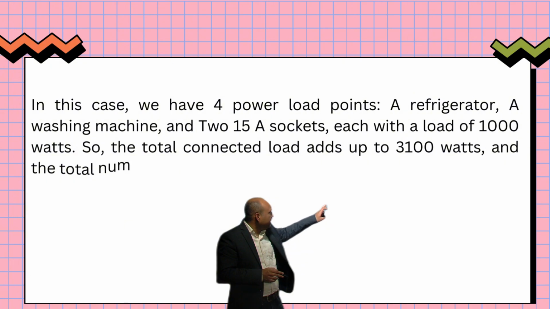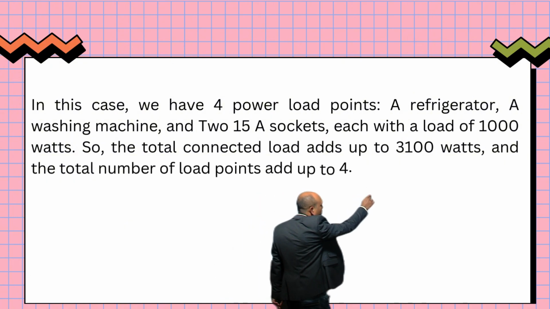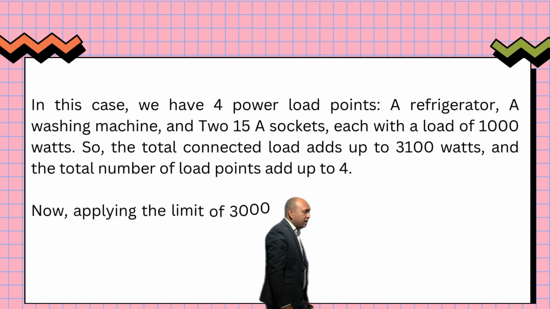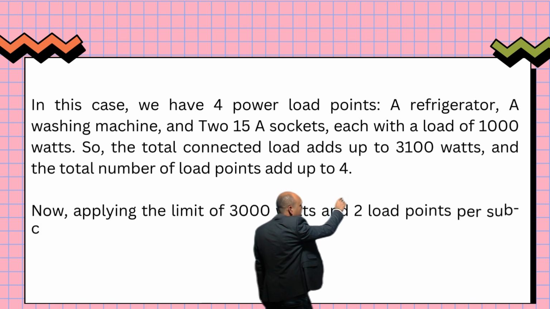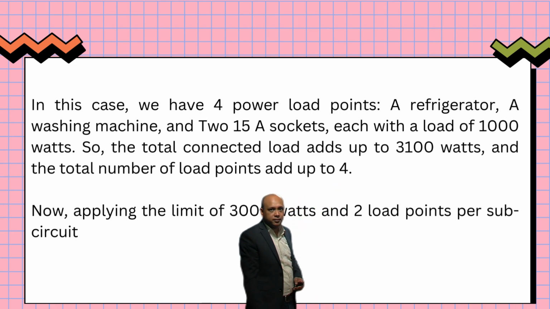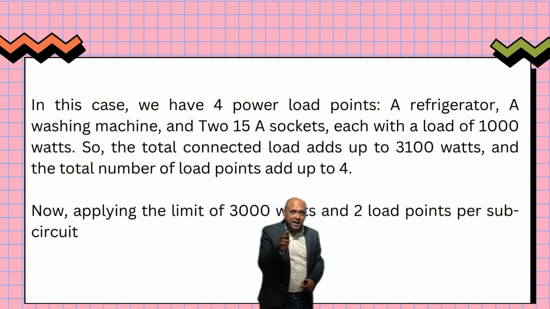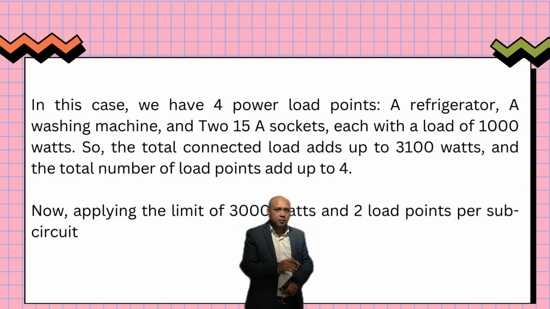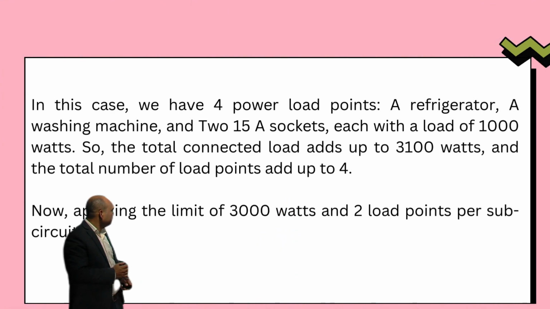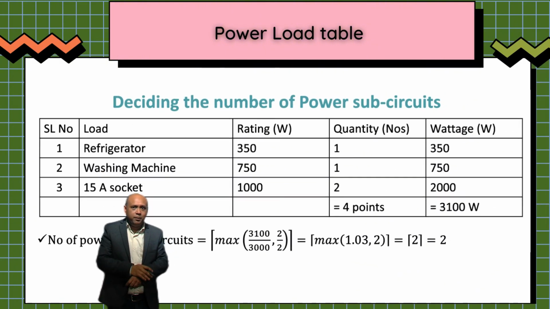So the total connected load adds up to 3100 watts, and the total number of load points adds up to 4 points. Now, applying the limit of 3000 watts and 2 load points per subcircuit, we can see that the total number of power subcircuits required is 2.